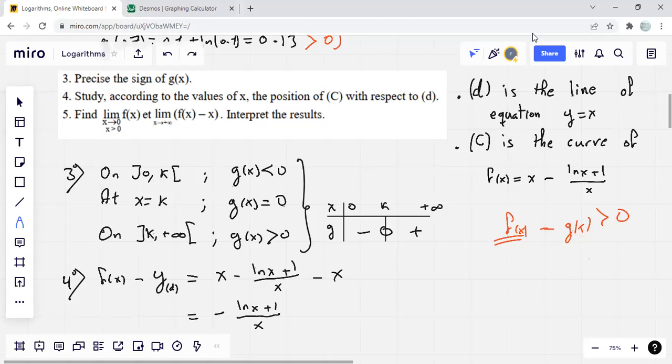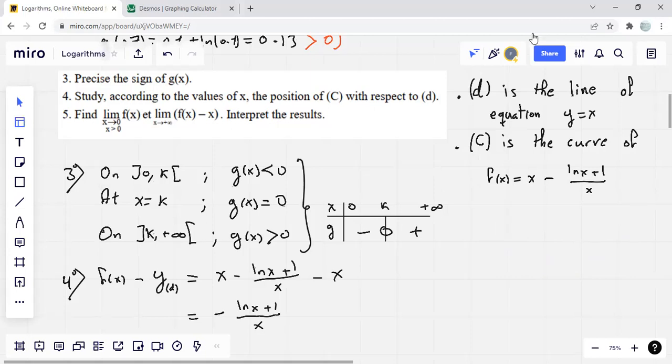And when this is equal to 0, both curves intersect, so we have f equal g. And if this is negative, what does it mean? It means that f is less than g, so the curve of f is below the curve of g.